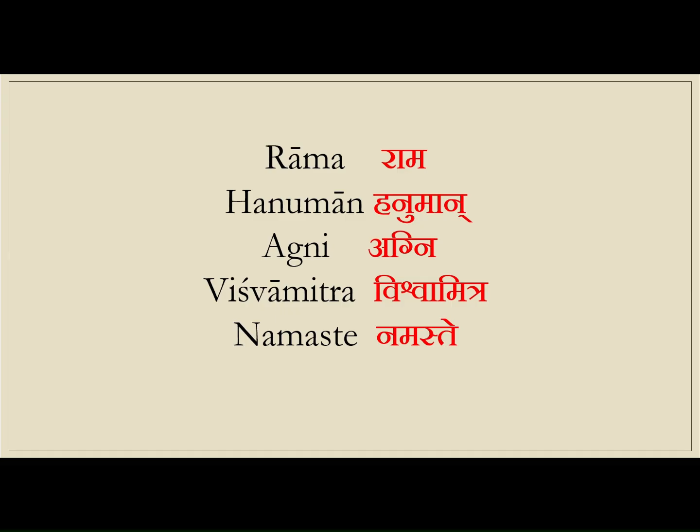Now you would have already noted that in the Devanagari illustrations of Agni, Vishwamitra and Namaste, there is no stroke symbol beneath the Devanagari characters that we had seen previously. Well, that is because Devanagari is a very complicated script.